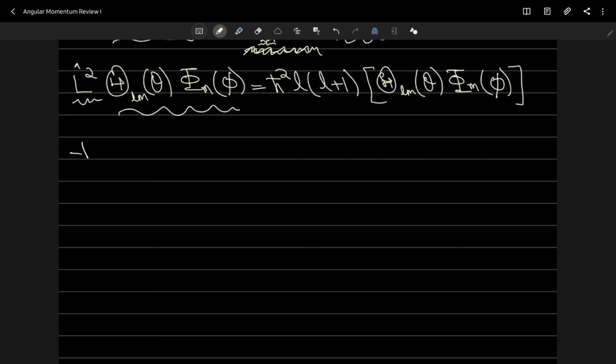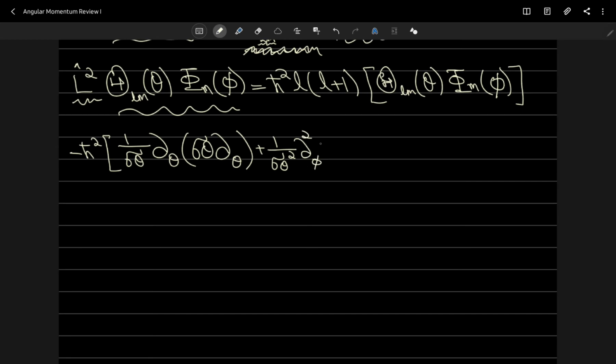That is negative h bar squared, 1 over sine theta, partial derivative with respect to theta of sine theta times the partial derivative with respect to theta, plus 1 over sine squared theta times the second partial derivative with respect to phi.